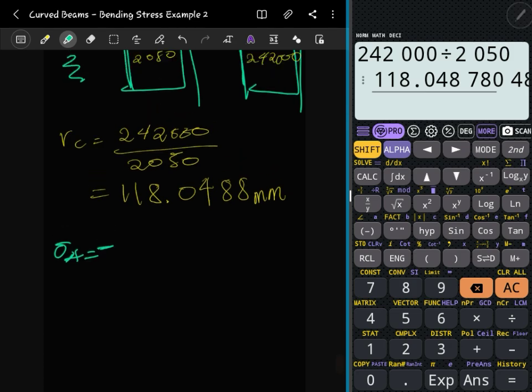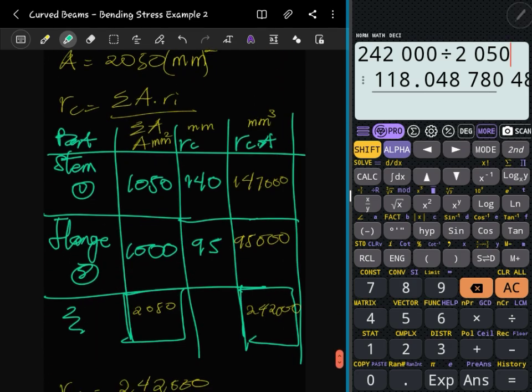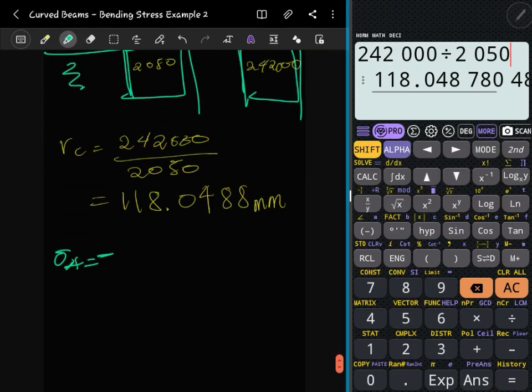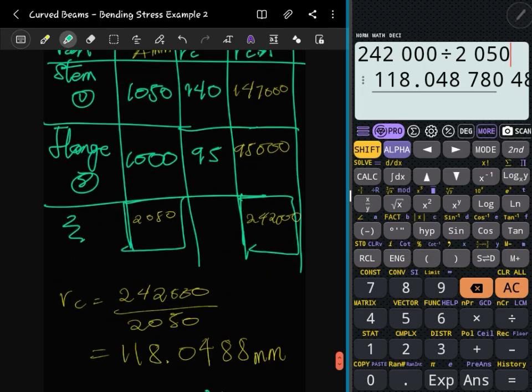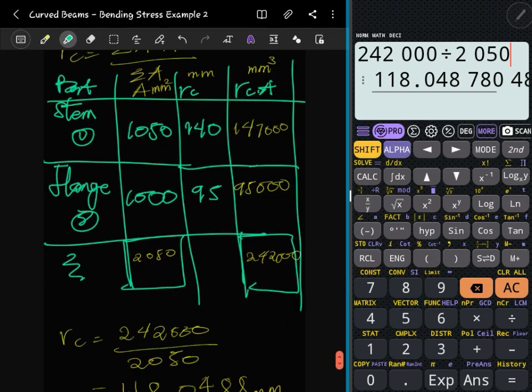The stress at A gives us minus the moment, 2700 times 10 to the power 3, and our Rn is 112.46.